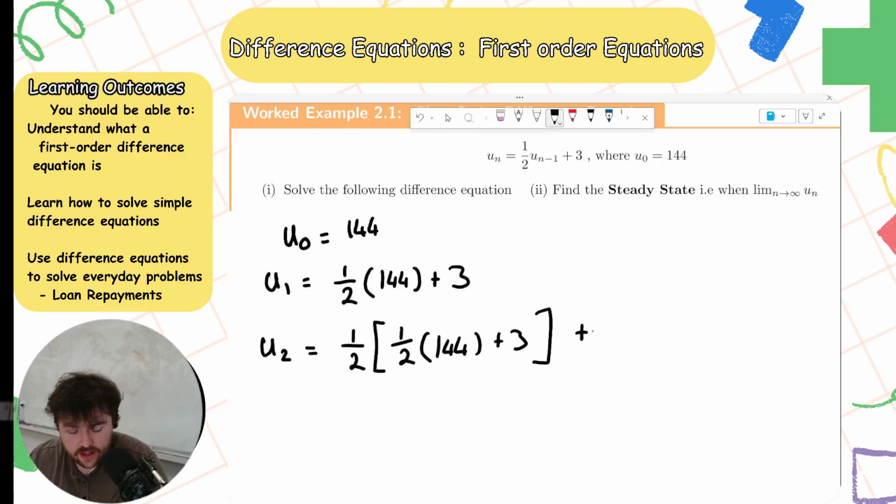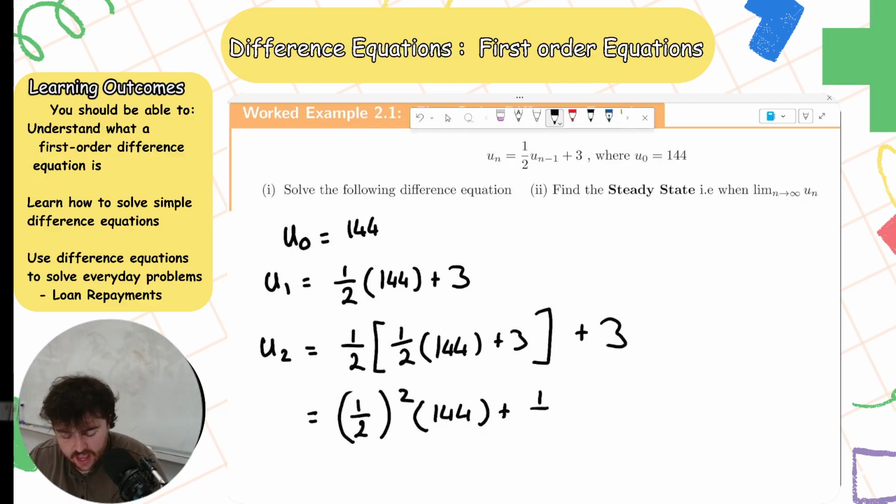And then finally, we add 3. Multiply that out, I get a half squared times 144 plus a half times 3 plus 3.